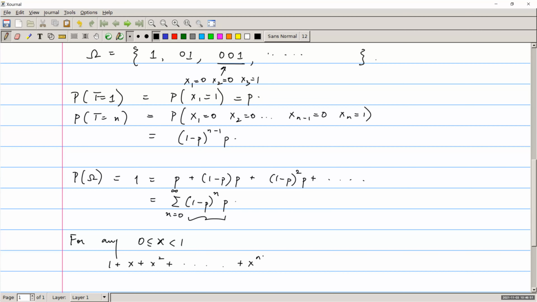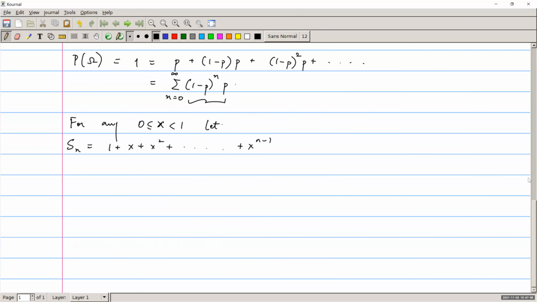The sum of the first n plus 1 terms in the geometric series? Let's write first. So let's write the sum of the first n terms of the geometric series. Not n plus 1, this one will lead to easier symbols. What is the sum of the first n terms in the geometric series? How do you do this?